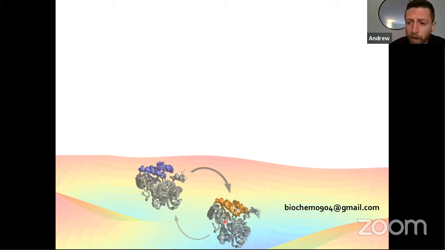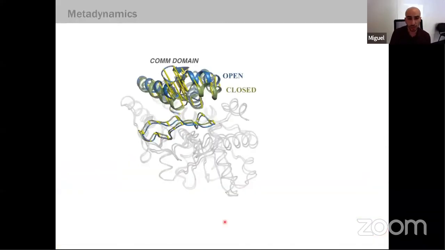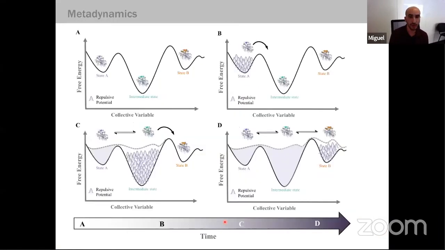What are you using to calculate the free energy versus structure plots? To recover the free energy, we rely on metadynamics simulations, where during the simulation you add repulsive potentials in order to encourage the system to jump from local energy minima to sample the other states.